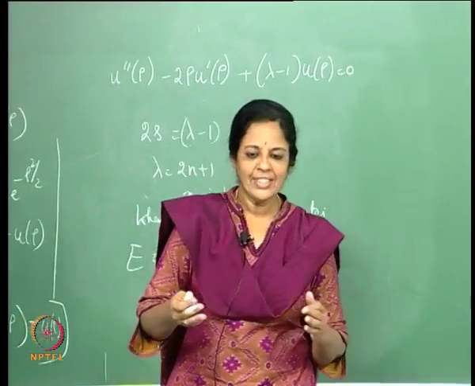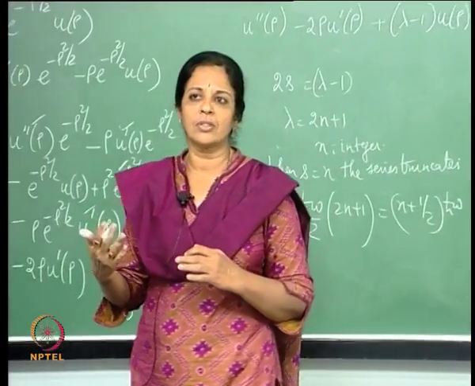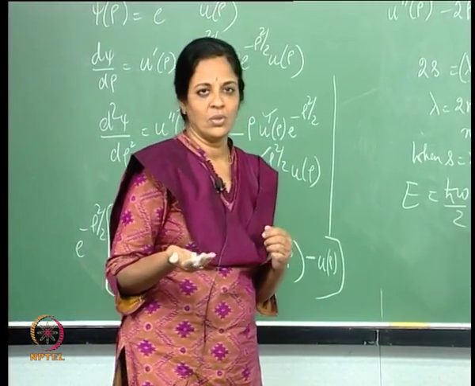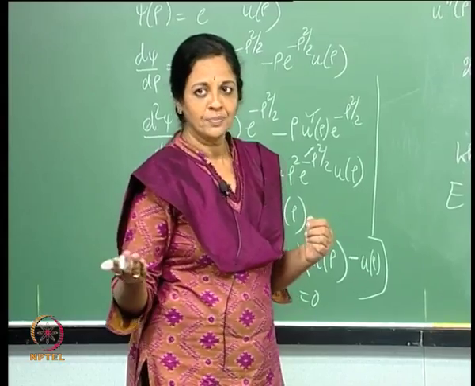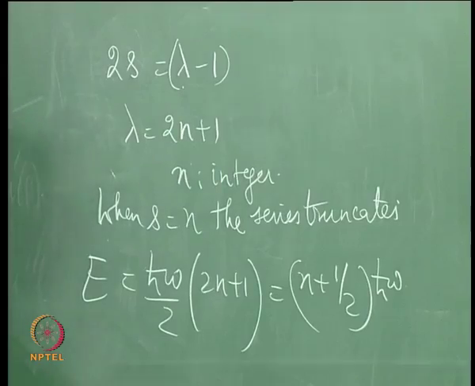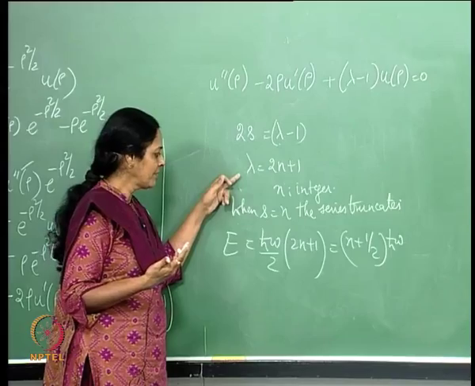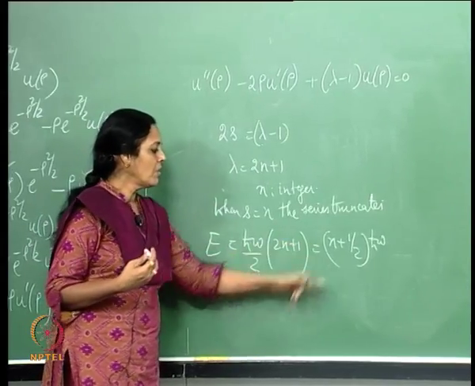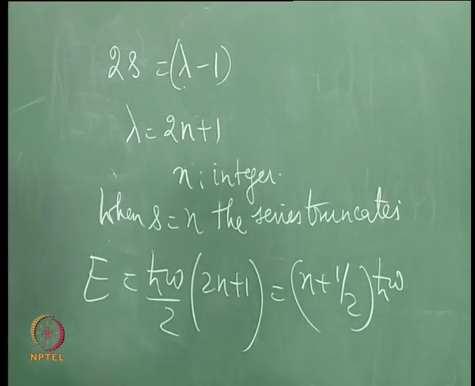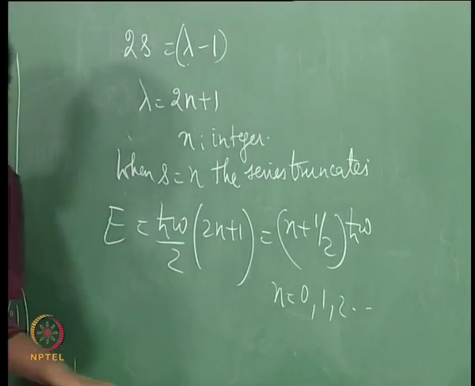So you see this is very intimately connected. The fact that psi should go to 0 for large values of rho, and therefore x, puts a constraint on lambda because the series has to truncate, and that in turn tells me what the eigenvalues are. So the eigenvalues are of the form n plus half h cross omega, and in principle n can be 0, 1, 2, 3, anything.